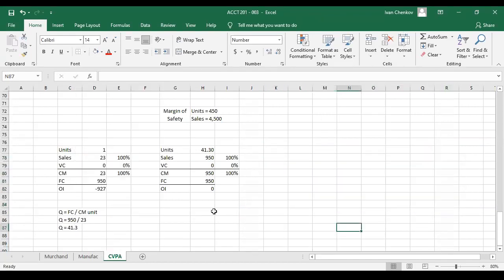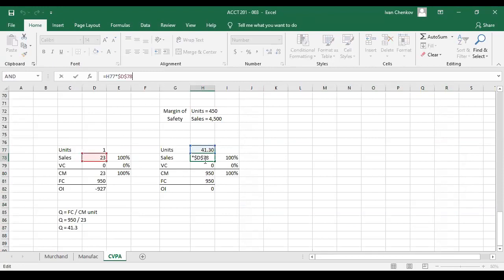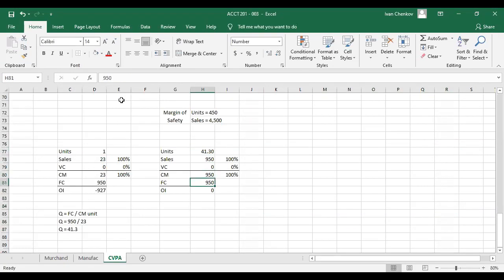Okay. So right now we have sales equal to the hours that you spend times the rate per hour. Variable cost we set is 0. Fixed cost we set is the same, 950, and now you break even.